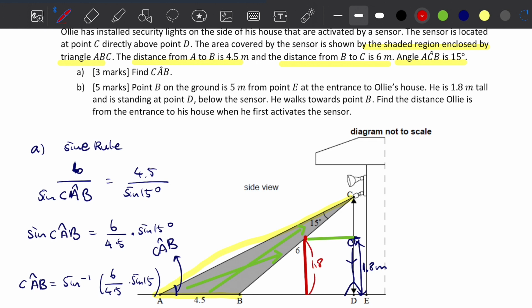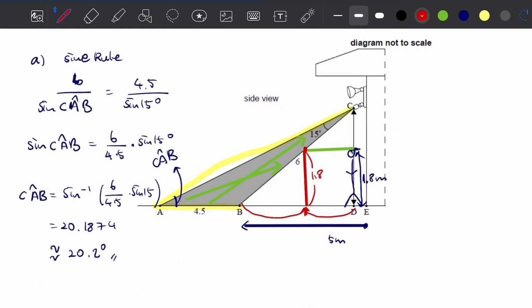So we need to find the length here, the distance from here to here or here to here, and then subtract from the 5 meters to figure out the distance Oli is from the entrance to his house when he first activates the sensor. So in order to do that, since we know the length from this point here to here is 1.8, we actually know the angle here too.